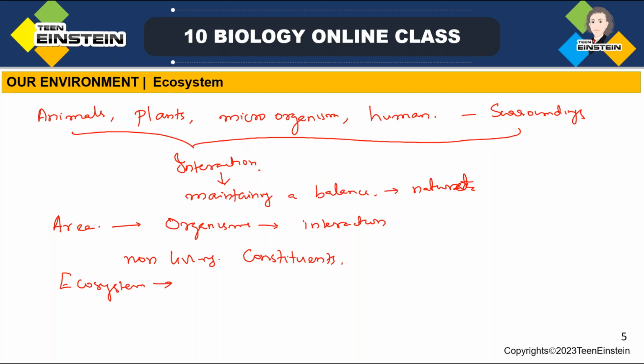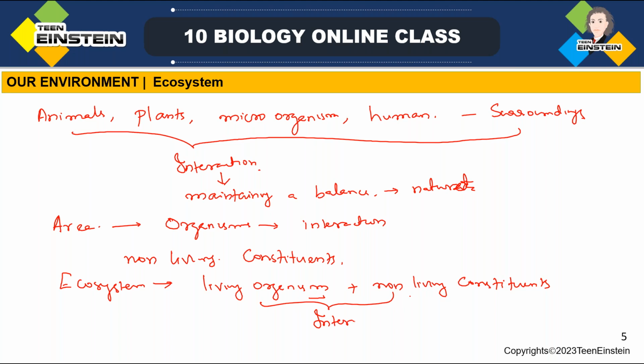Living organisms plus non-living constituents, and their interaction, that makes the ecosystem. An ecosystem consists of biotic components, which means the living organisms, and the abiotic components.